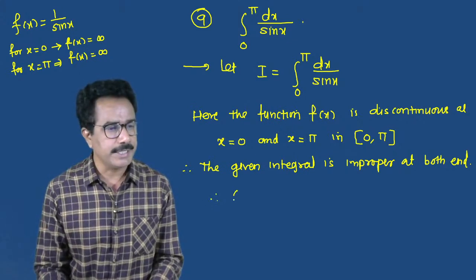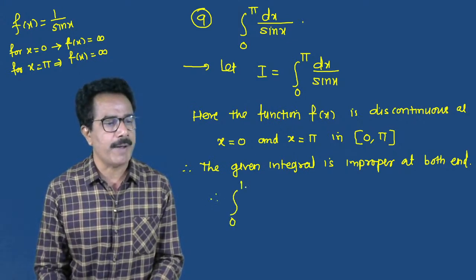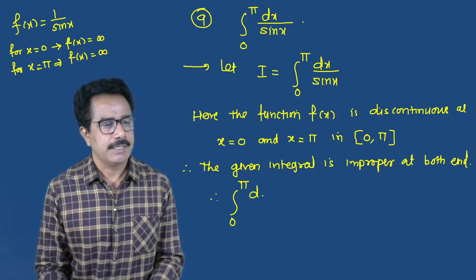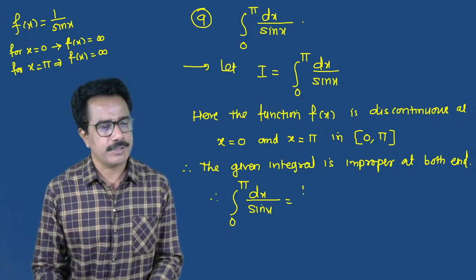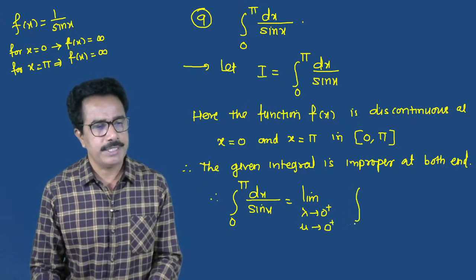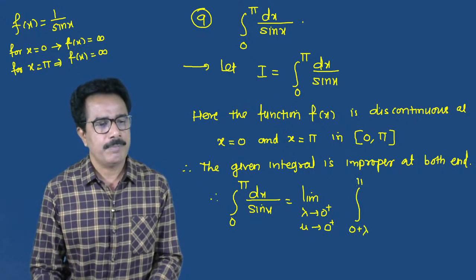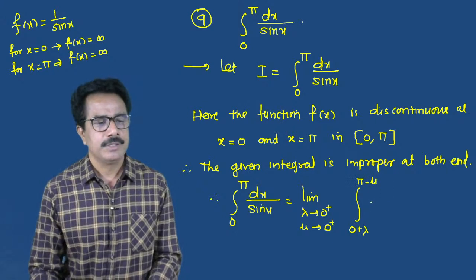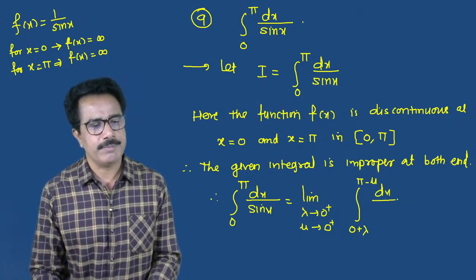Therefore, integral from 0 to pi dx divided by sin x equals limit lambda tends to 0 positive, mu tends to 0 positive, integral from 0 plus lambda to pi minus mu dx divided by sin x.